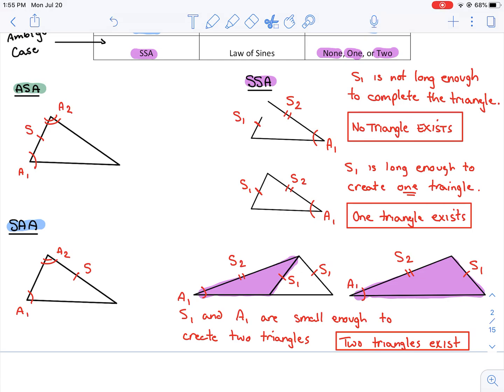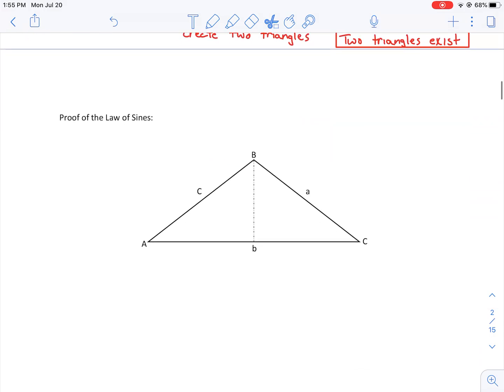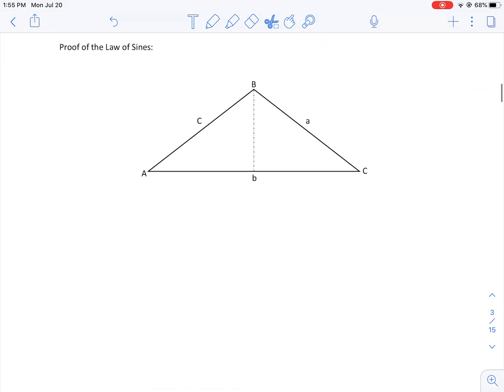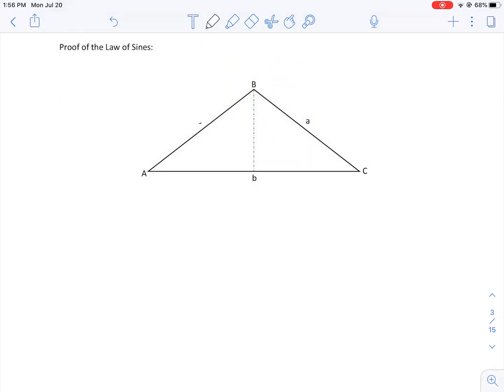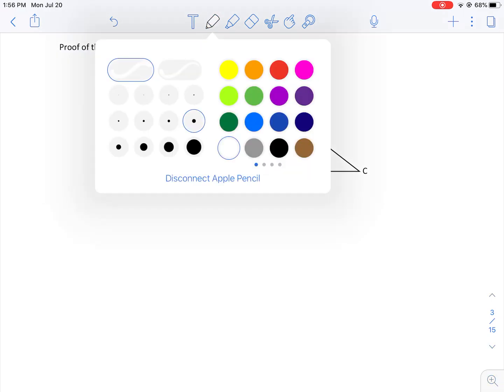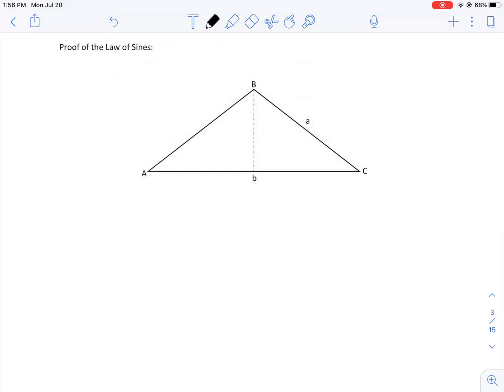And now, I will prove that the law of sines is true. Okay, so first I'm going to make that c a lowercase c.